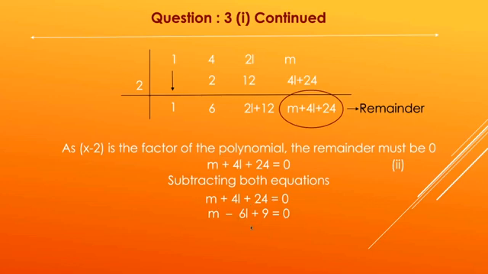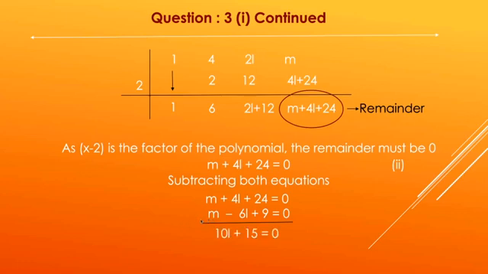As we have solved, equation number 1 was m minus 6l plus 9 is equal to 0, and equation number 2 is m plus 4l plus 24 is equal to 0. In previous classes, we have solved simultaneous linear equations. You know very well, if we want to cancel any variable, we will subtract these two equations. After subtracting, m will be cancelled with minus m, as when we subtract the equations, the signs will be changed.